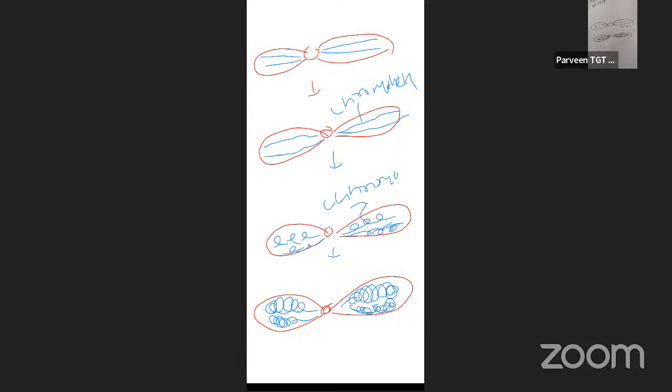Now it is called chromatid. Here these chromonema and chromomere mainly appear in interphase, and also somewhat in prophase.